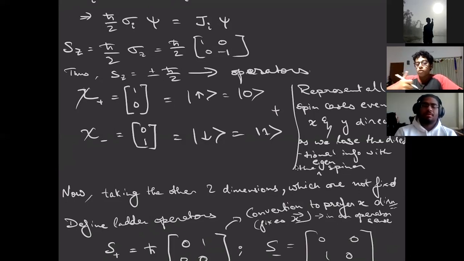If your spin is oriented in the positive z direction, you can have a spin along other directions as well. So when you apply a ladder operator, there is some kind of change that happens. You're moving from no spin along the x or y directions to trying to determine what the spin could be in those directions.